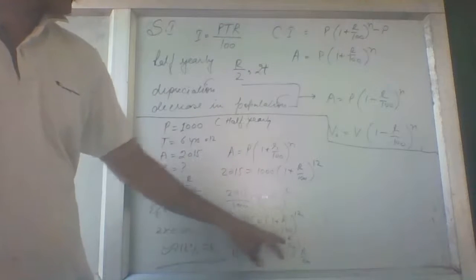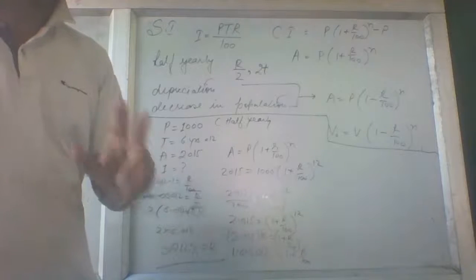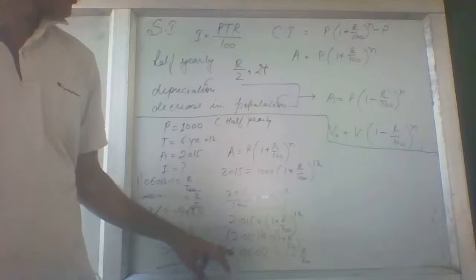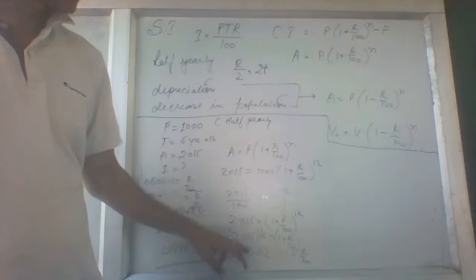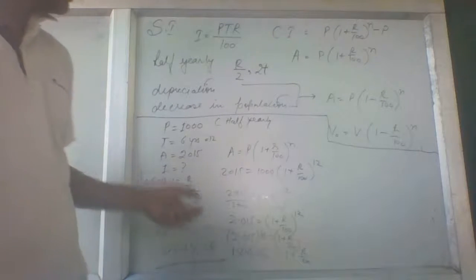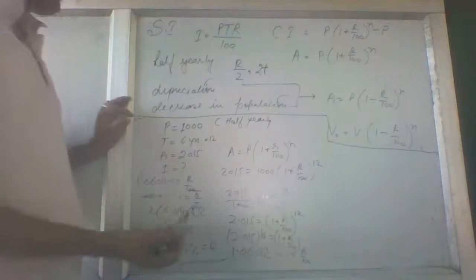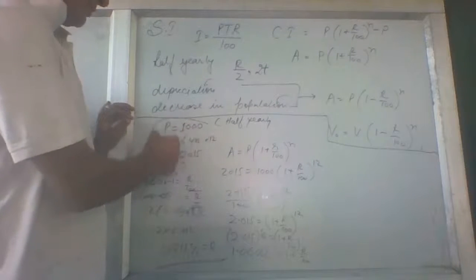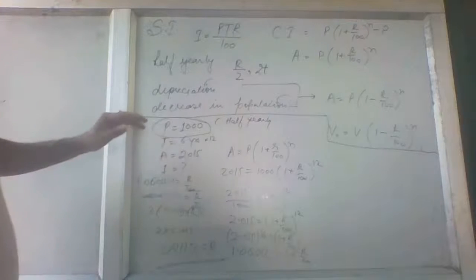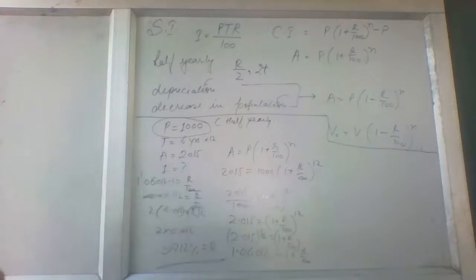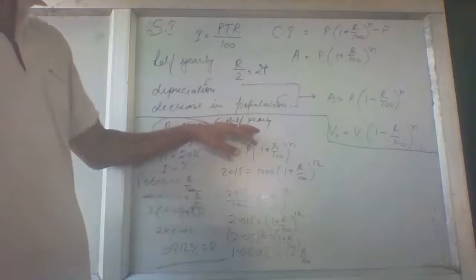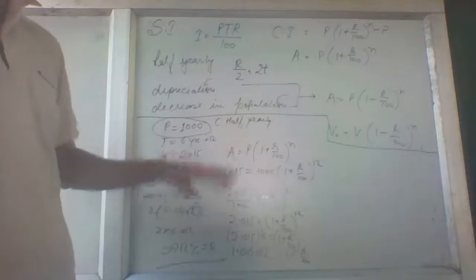Only at this point you get your whole numbers, 1 by 12, and solving its value is 0.06012. This question can be made easy only when the amount of 1000 is 2015, time is 6, and it is compounded half yearly. Only at that time you can solve it out.